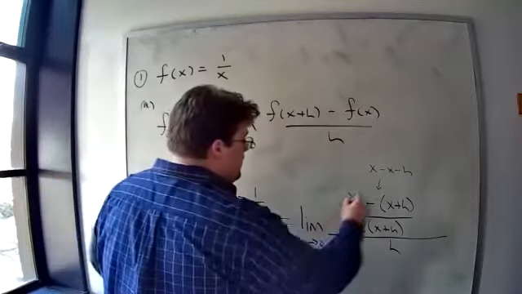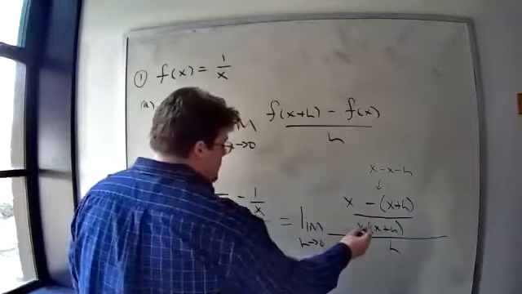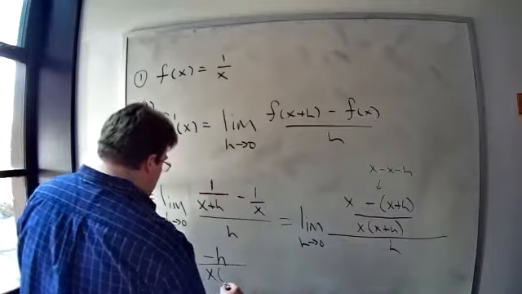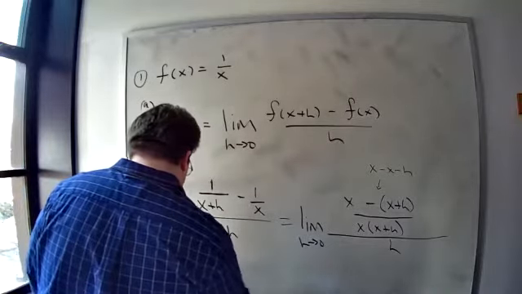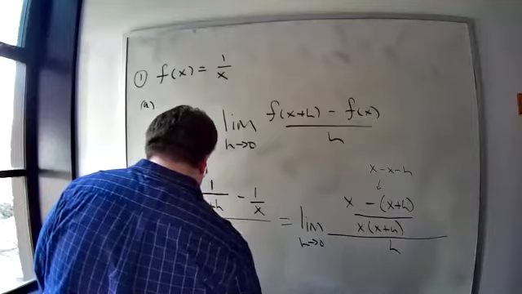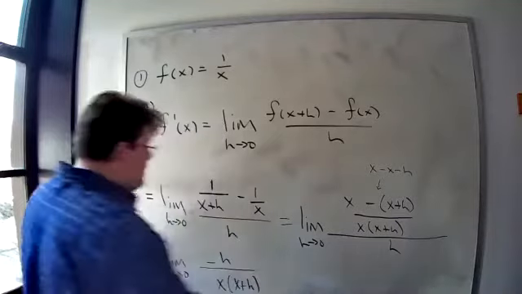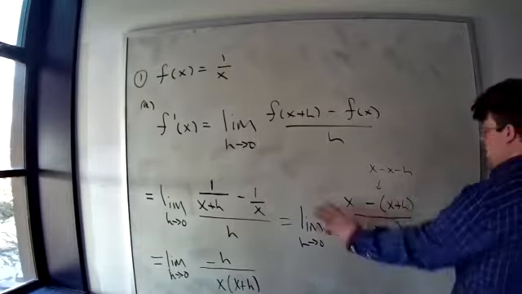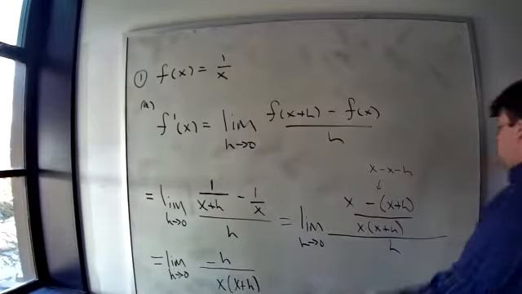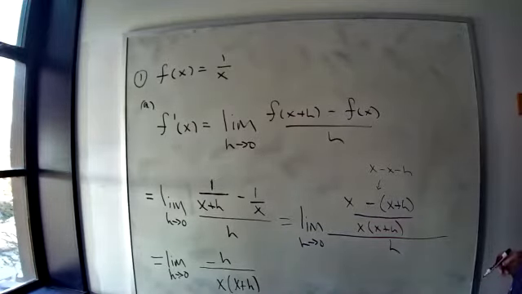So this piece of the numerator is just negative h. And now we still have this x times x plus h. I'm going to write this like this, negative h over x times x plus h. So right here, the numerator simplifies to that, but we're dividing this all by h.